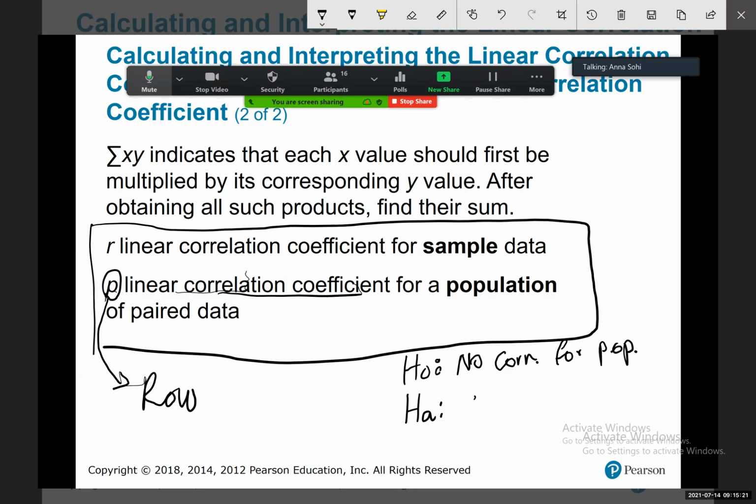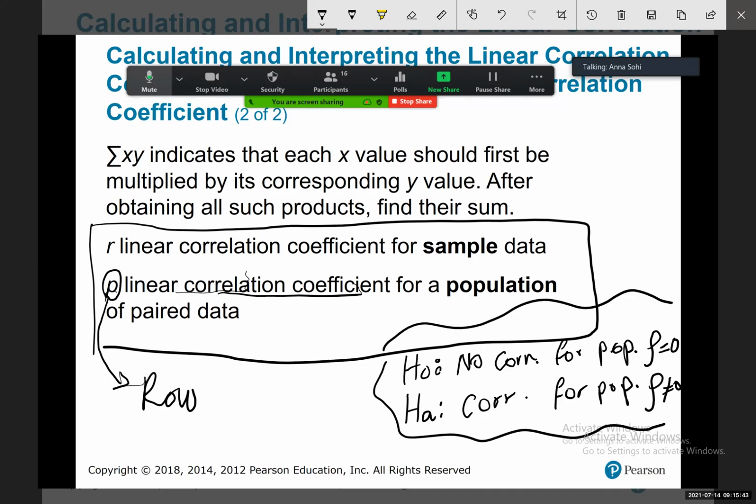And then the alternative is when there is a correlation for the population. So the way we show it is we say rho equal to 0 means there is no correlation. Rho is not 0 means there is a correlation. So please copy that.